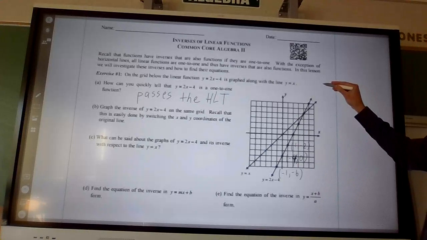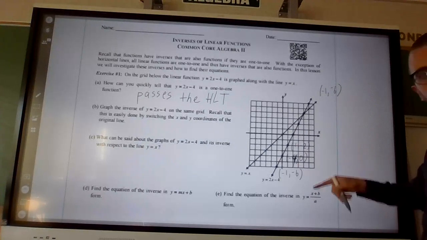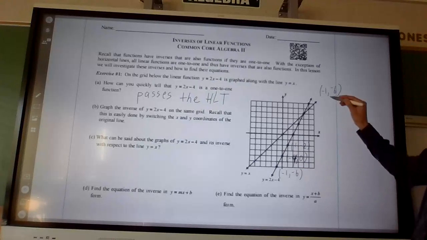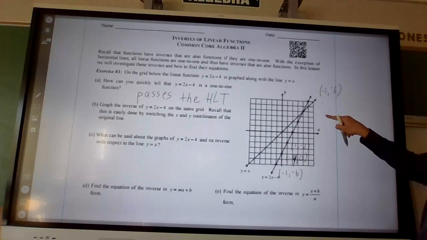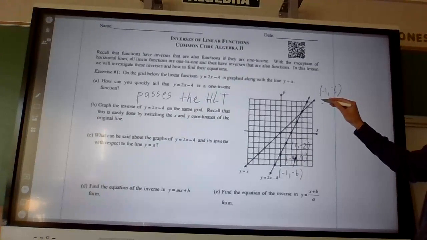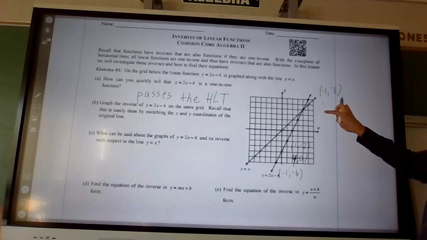Maybe I'm going to write these out here so I'm not fighting with these grid lines. -1, -6. Oops. Oh, technology.